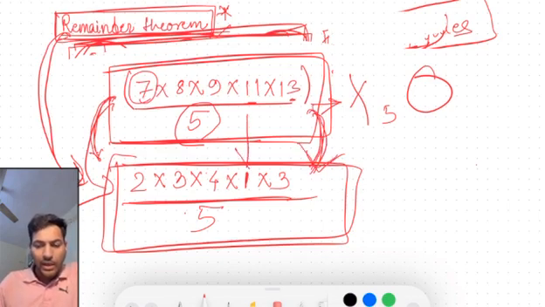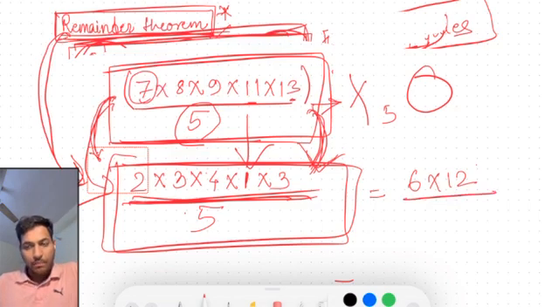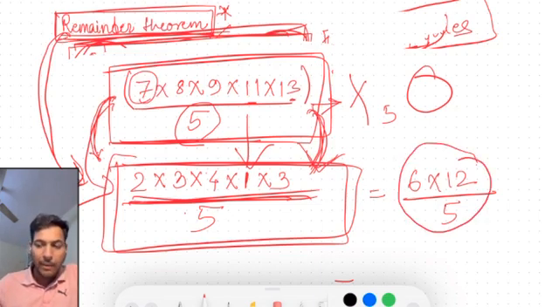Now 2 into 3 is 6, and 4 into 3 is 12. Although you can multiply 12 into 6, which equals 72, I would say you can again apply the remainder rule. What will be the remainder if you divide 6 by 5? I replace 6 with 1.